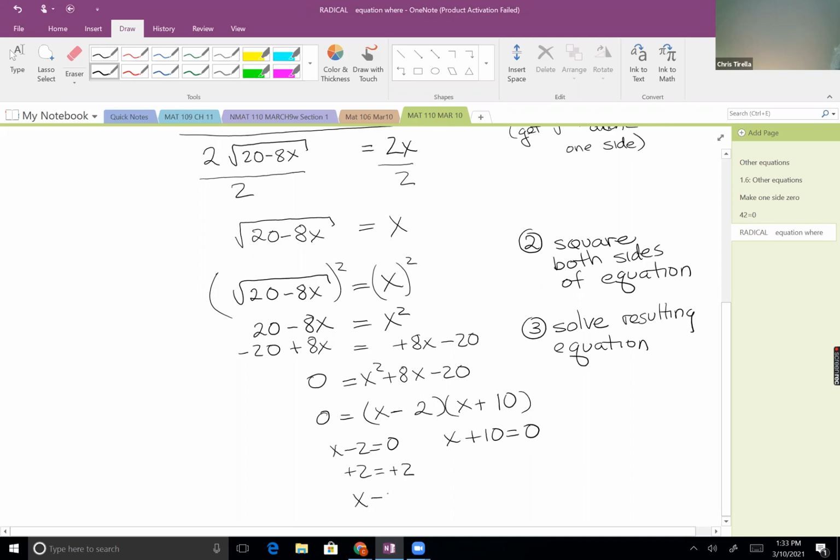So I get x equals 2. And I get x equals -10. And now with these, the checks are not optional. You must check each in the original.